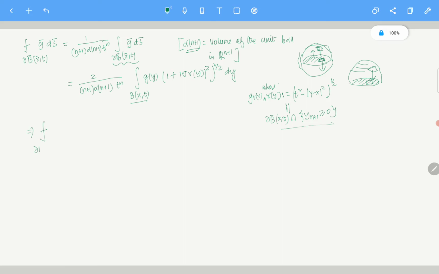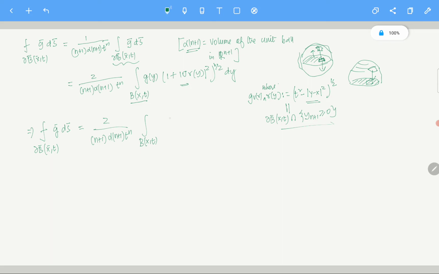The integral over the boundary of B bar (x,t) of g ds is given by 2 n plus 1 alpha n plus 1 t power n times the integral over B(x,t), and I will just replace gamma.